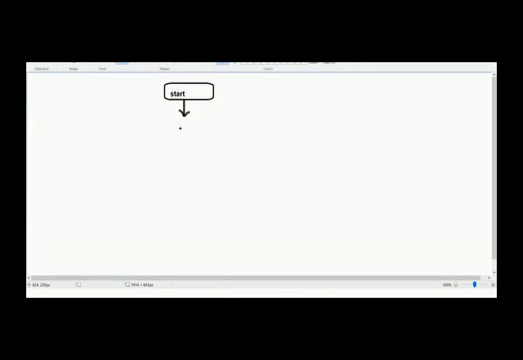Okay. Start. Then, when you want to find the area of a rectangle, what are the inputs that you should get? What are the inputs? We can't first get the area.